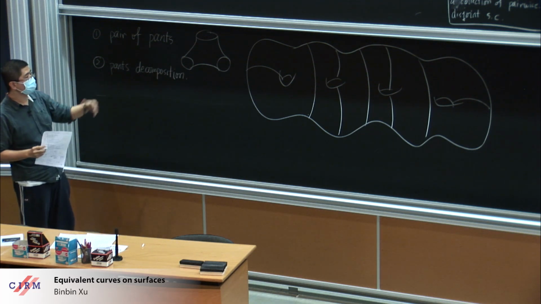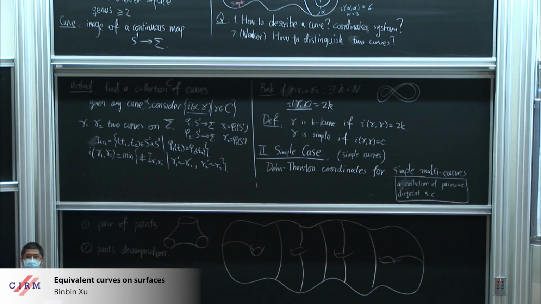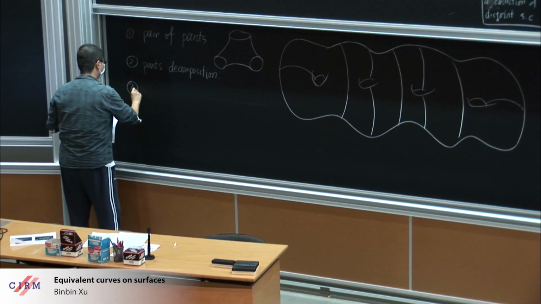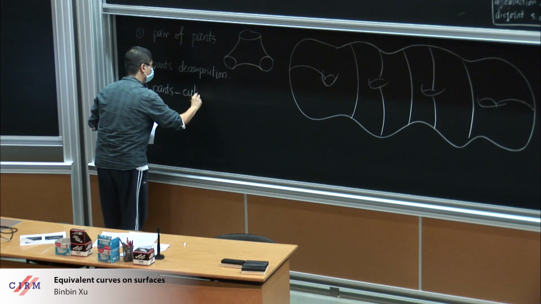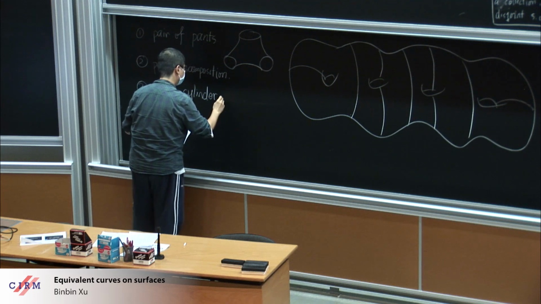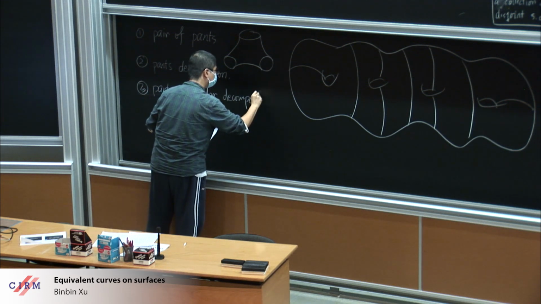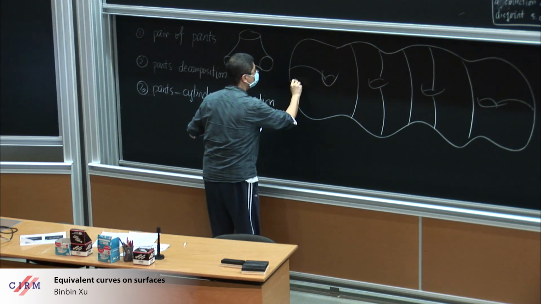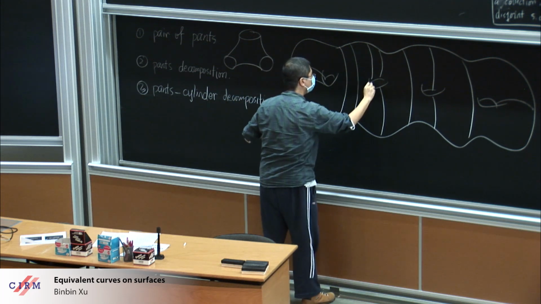Once we have this pants decomposition, we can enhance it into a pants cylinder decomposition by considering a cylinder neighborhood of each pants curve. What we are going to do is simply take a neighborhood of each curve.